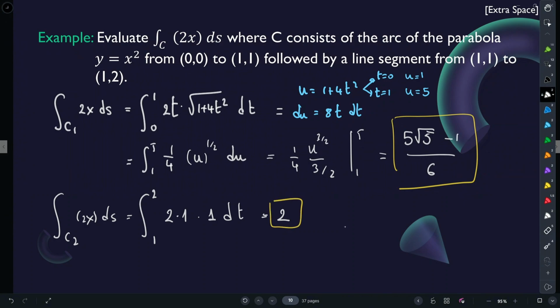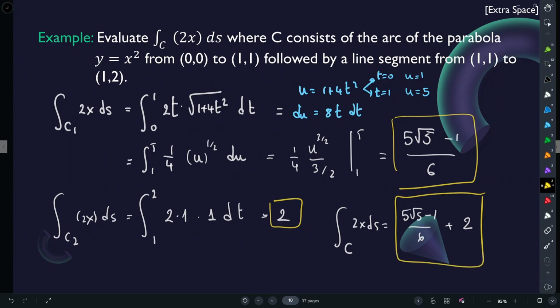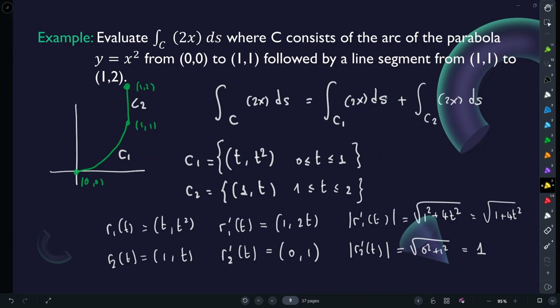So the integral over the entire path will be the integral of the first one plus the integral of the second one. So I want to parameterize, first of all, this path. This path is described by the function y equals x squared.